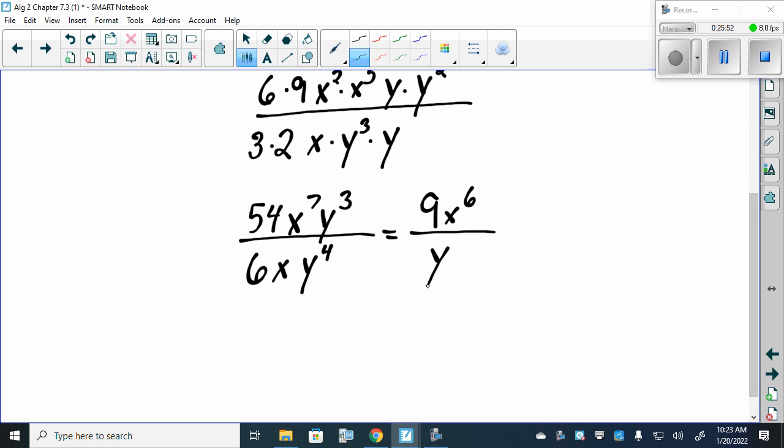I'll do 4 minus 3, which is 1. Is the exponent bigger on top or bottom? Bottom, so it stays on bottom. Because we could have written it as y to the negative 1 on top, but if the exponent's negative, we have to move it from the numerator to the denominator to make it positive. So we get this here.